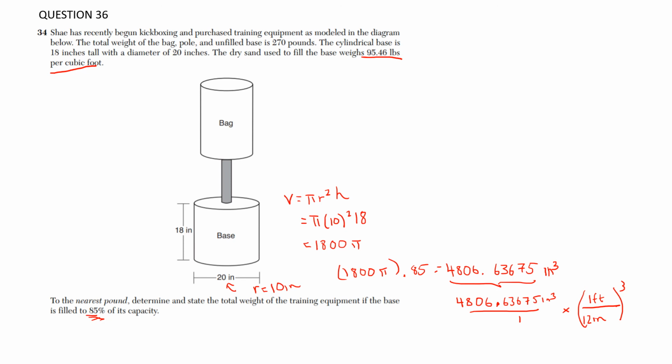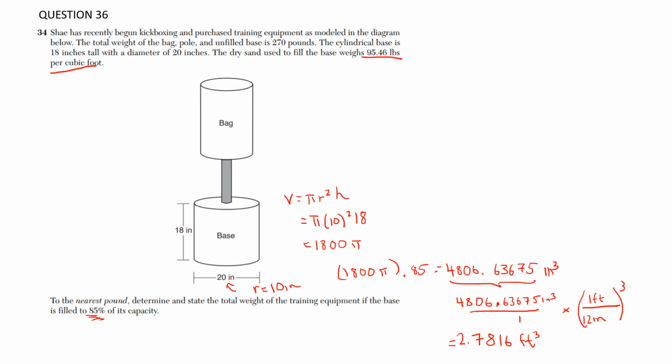So for dimensional analysis, that makes the inches cubed cancel out so that we're left with feet cubed. So doing this, we get this volume is 2.7816 cubic feet.